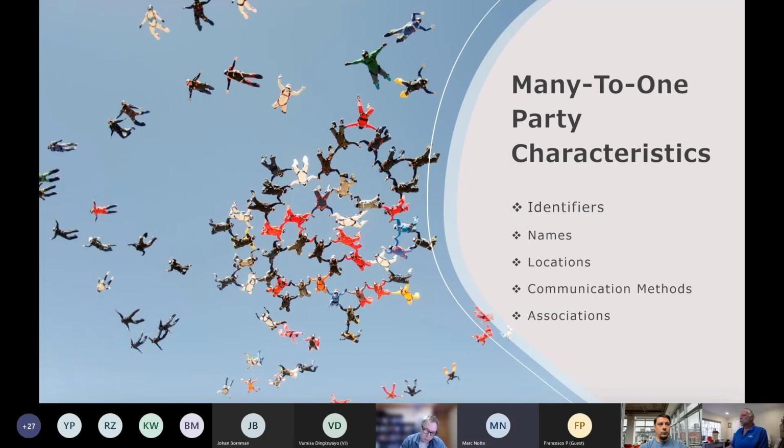Okay, then there's this other situation that I found when I spoke about usage. There's this many-to-one party characteristics. So we can have 5 telephone numbers or communications, and also bank accounts and things like that. Depending on the application and depending on the customer, they may want to allocate a specific ID number or a telephone number as the preferred number or the billing address or whatever it is.